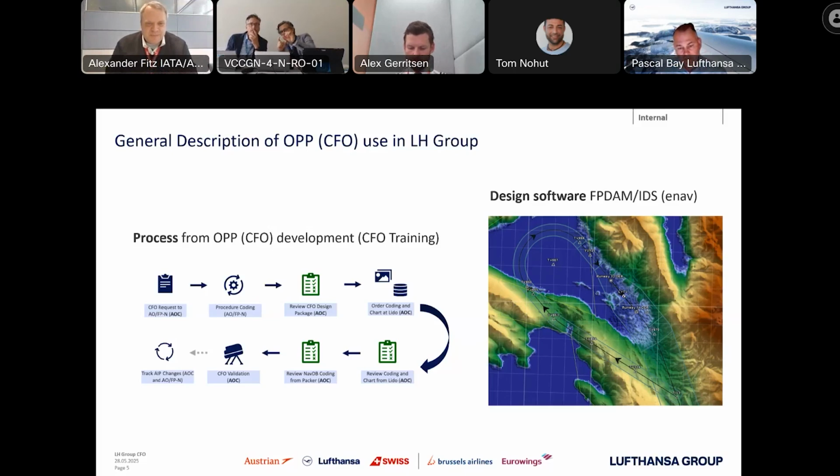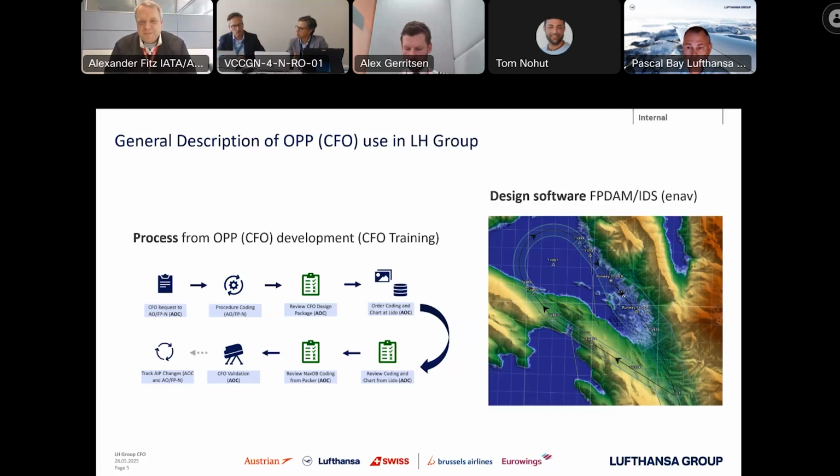As a hint to you, the presentation is a bit small here. You can zoom in; there is a function within the WebEx where you can zoom in a bit. So if an AOC decides to have a new CFO, they order it and send the order to our PBN team. Then, as you see on the right-hand side, we take a look at the airport and analyze if we can do a CFO here.